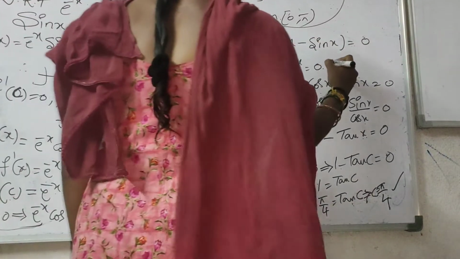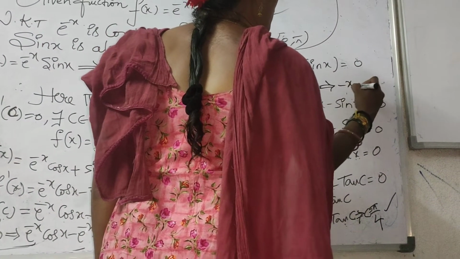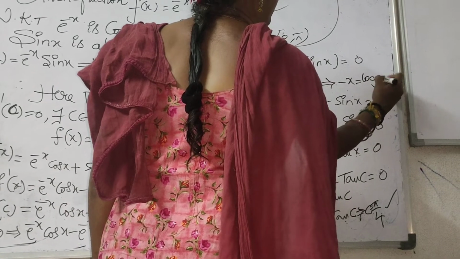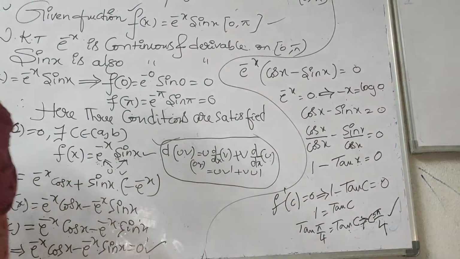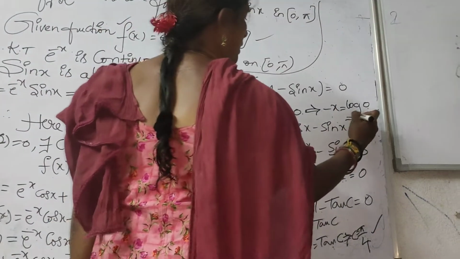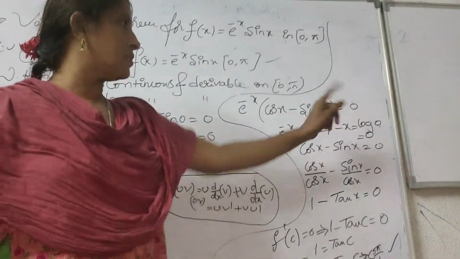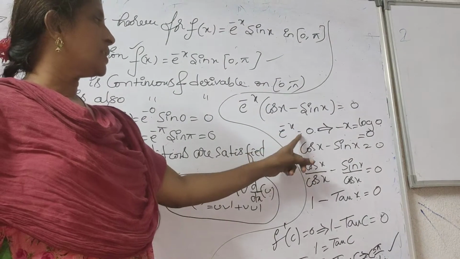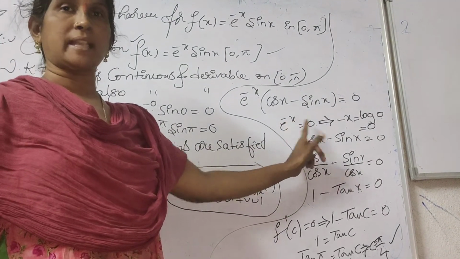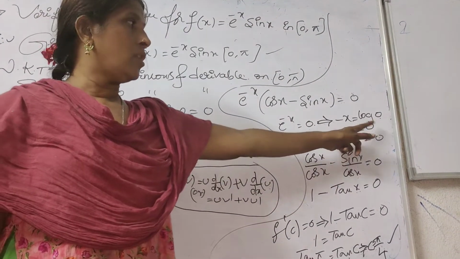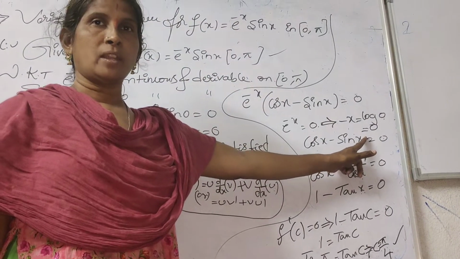Here e power minus x equals 0 and cos x minus sin x equals 0. E power minus x equals 0 means minus x equals log 0, that is not defined, so no value arises.